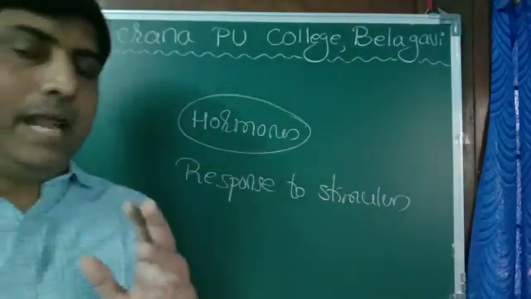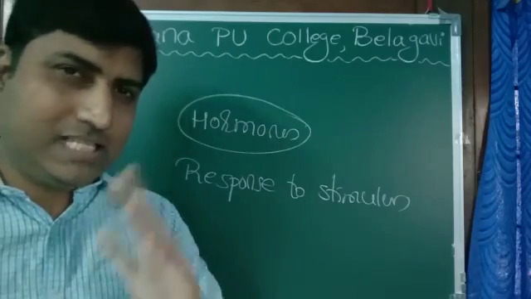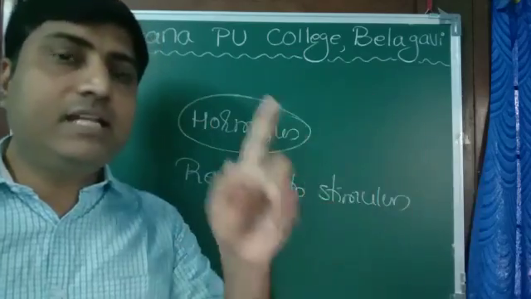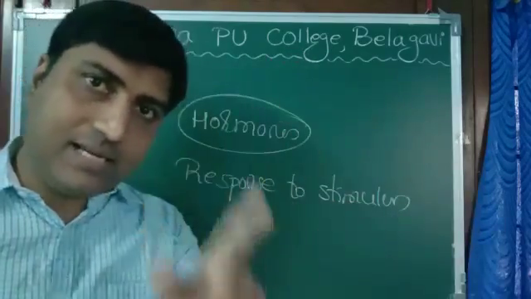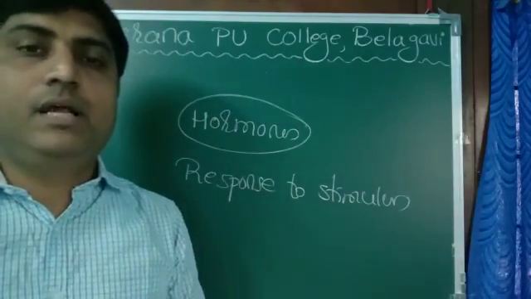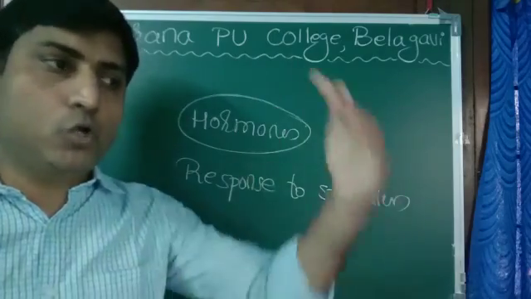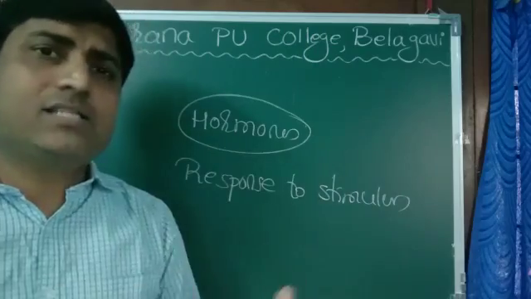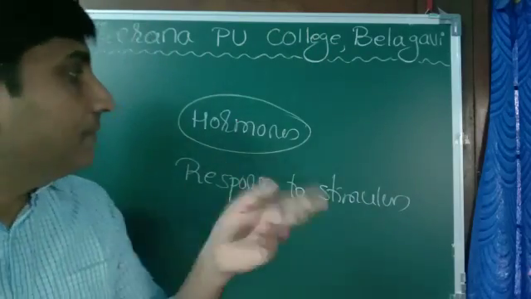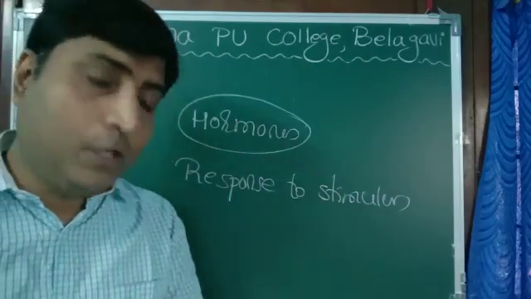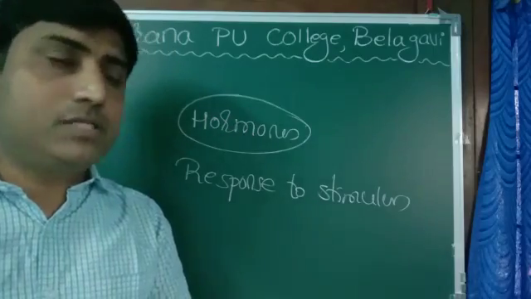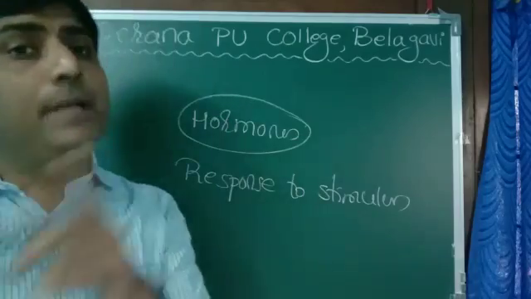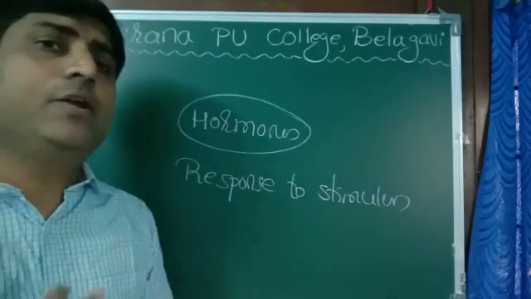Like plants always, especially stem branches, grow towards sunlight. Here sunlight is the stimulus and growing towards sunlight is the response. Similarly, the geotropic nature of the root always grows towards the soil or the earth. All these are some kind of response to stimulus that we observe in case of plants. Though they don't have a nervous system, there are some hormones, and hormones bring about all these kinds of movement.